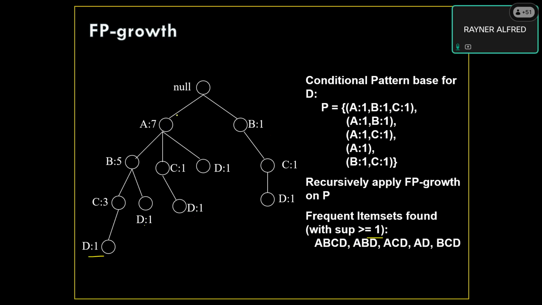So we have A, B, D, and then A, C, D, A, D, and then B, C, D. All of them are frequent item sets.